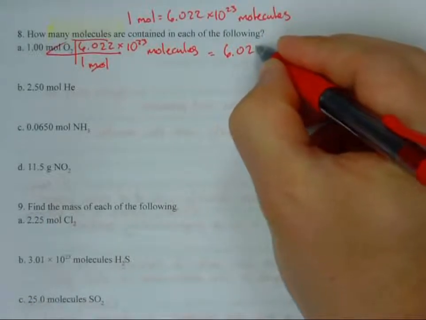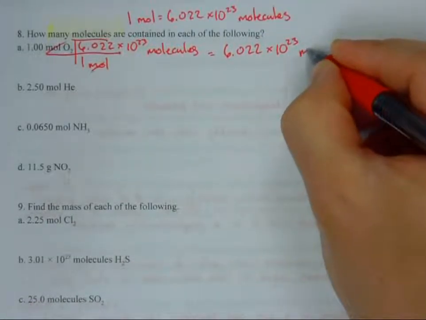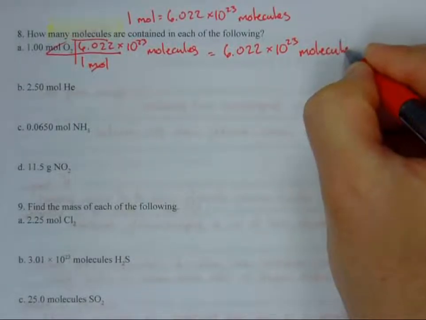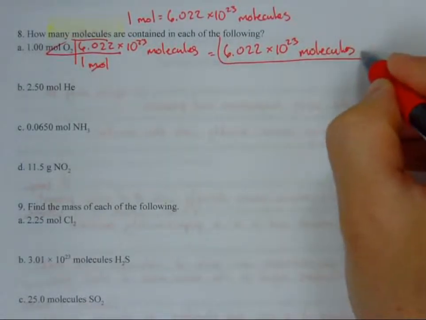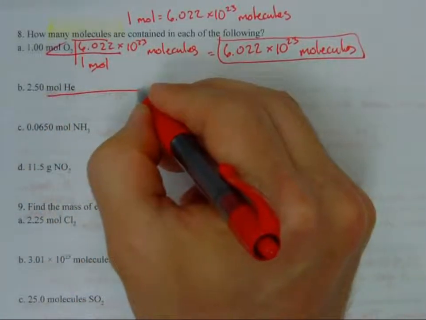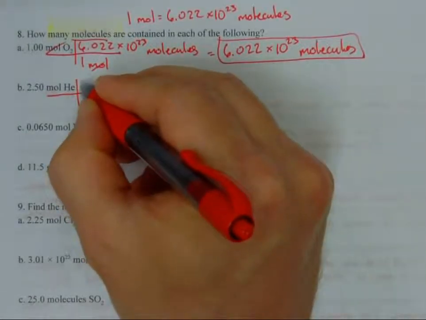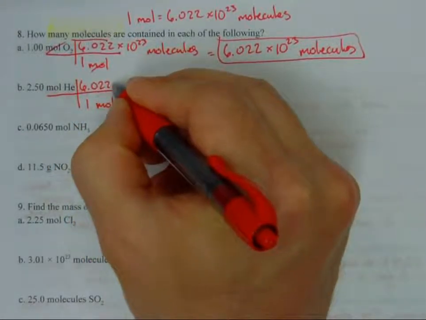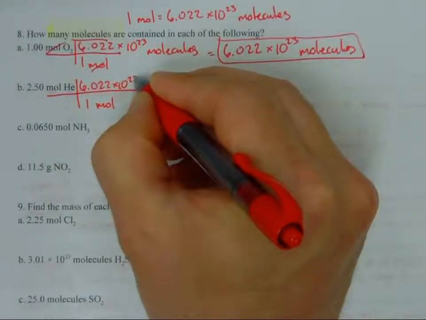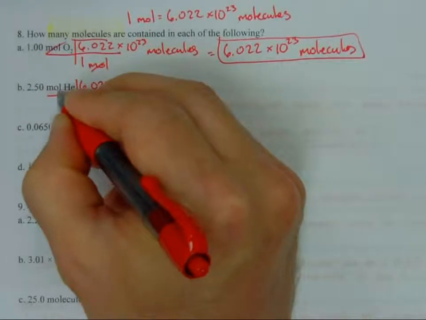This ends up being 6.022 times 10 to the 23rd molecules. Alright. B, same setup, converting out of moles and going into number of particles. Moles will cancel.